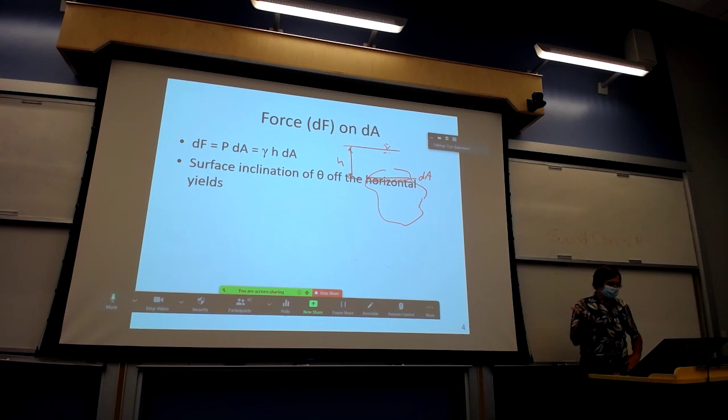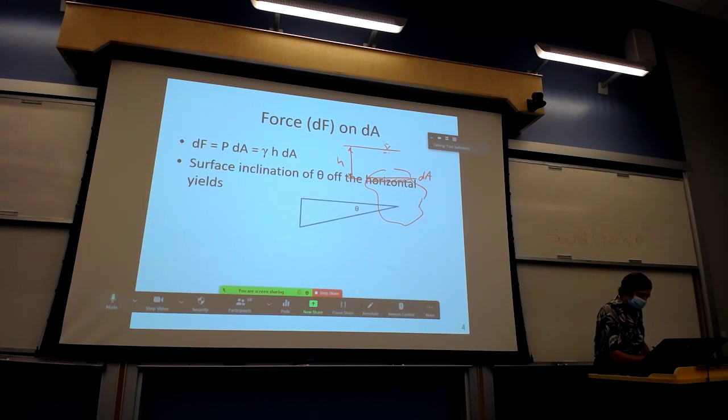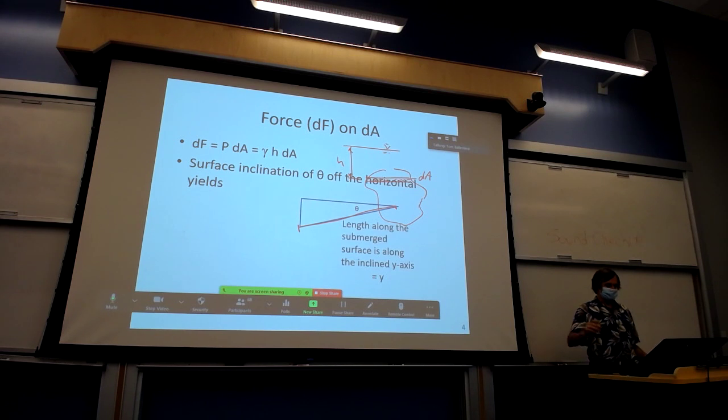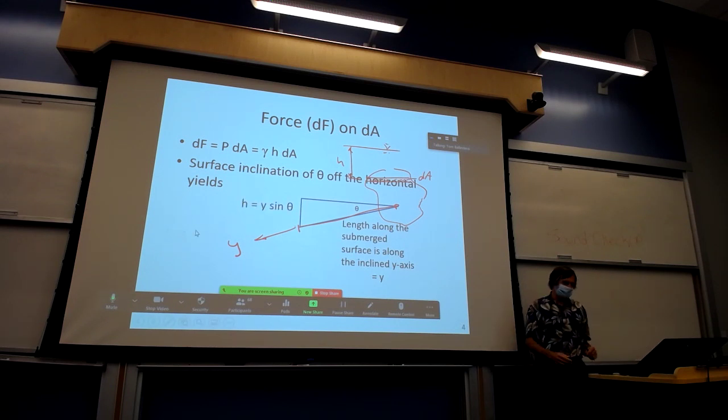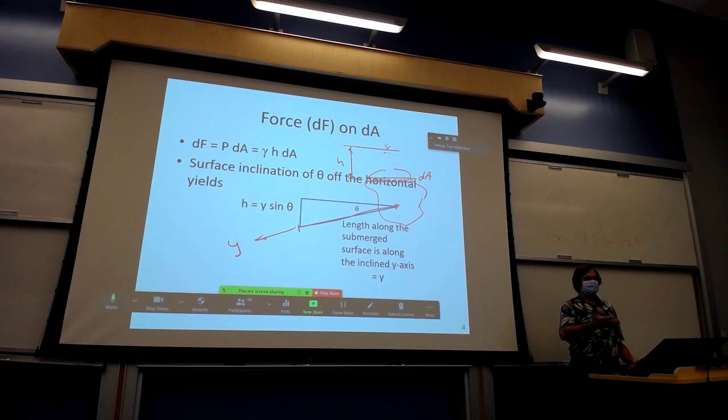And so what we identified was the inclination angle off of the horizontal is going to be theta. And so if we have the surface, for example, here, and it's inclined theta off of the surface, along this axis, which goes from the free surface along the inclination, that's going to be the y-axis, we can convert any vertical dimension, h, into a dimension along the y-axis, which is, again, an axis that goes right through this inclined surface.